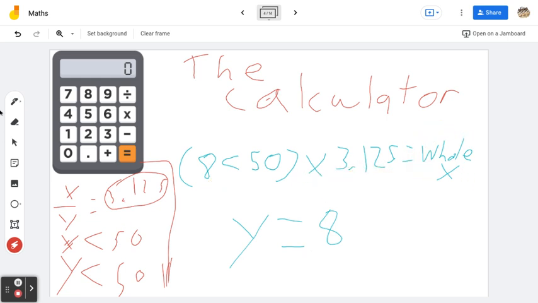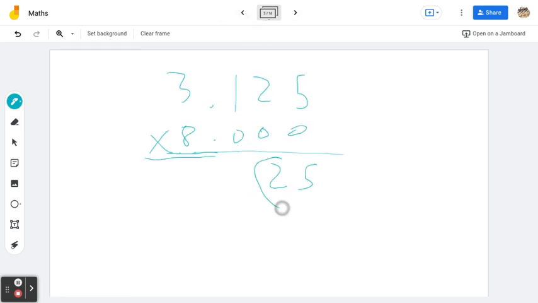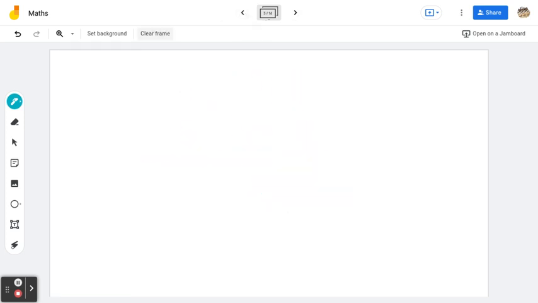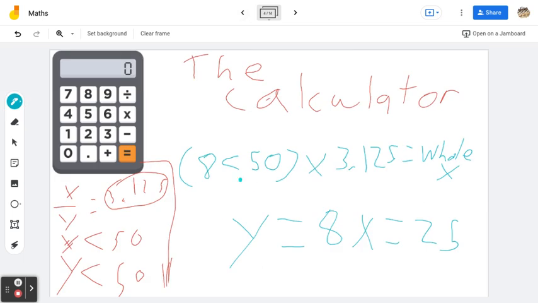So we know that because y equals 8, that means that x equals, what was the answer? 25, right? If we go over to this slide, remember 25? So that's why we found both values, and the boy forgot the values of the numbers he used to divide to get the answer of 3.125. Now he remembers it's 25 and 8.